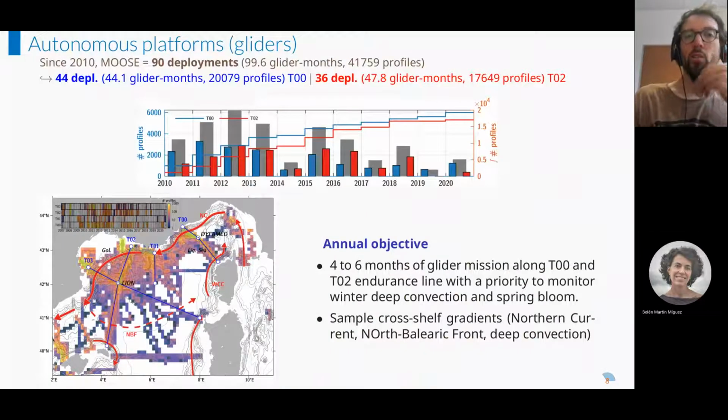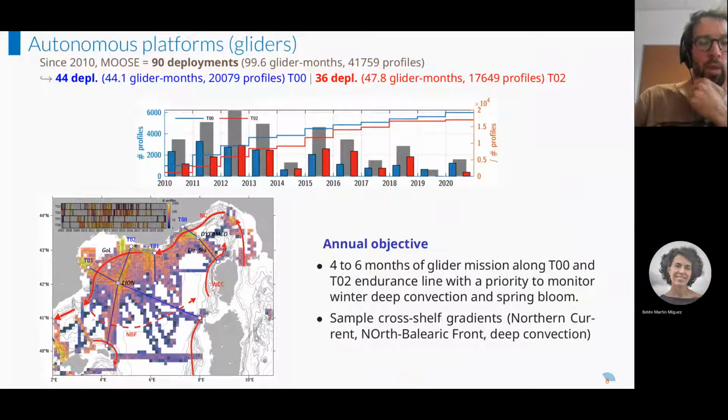Now, if we look at the autonomous platforms like the gliders, you can see that there's been a very strong effort to deploy gliders, since even before 2010. There was already some glider deployment, so it's been almost 15 years of deployments now.